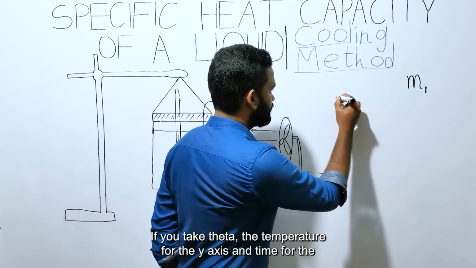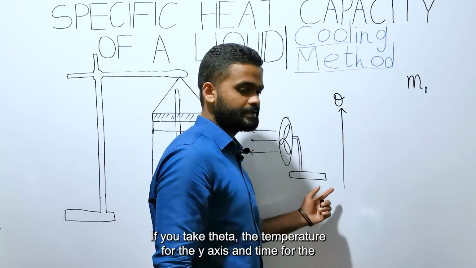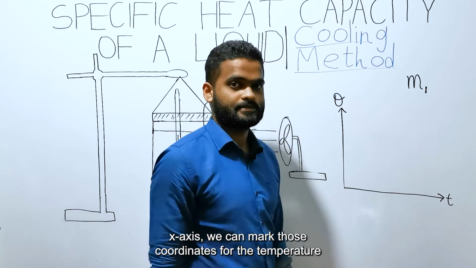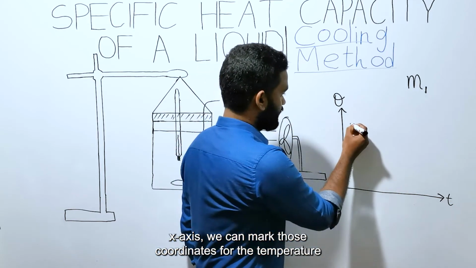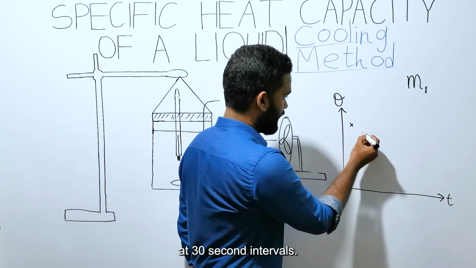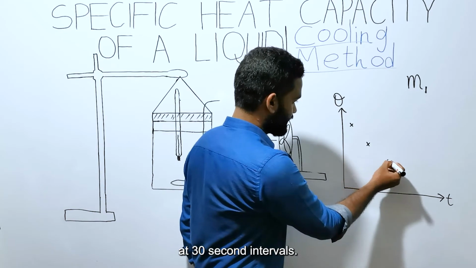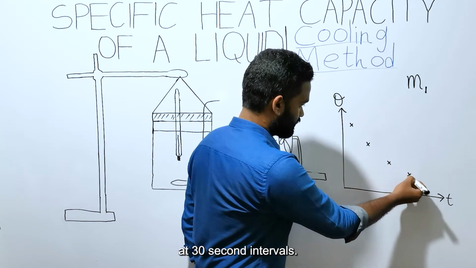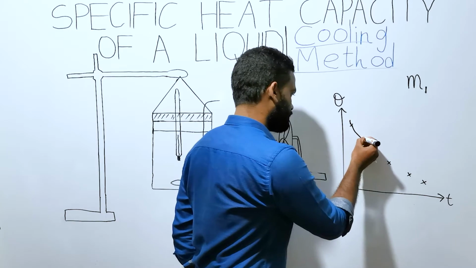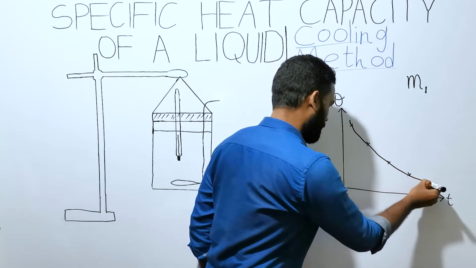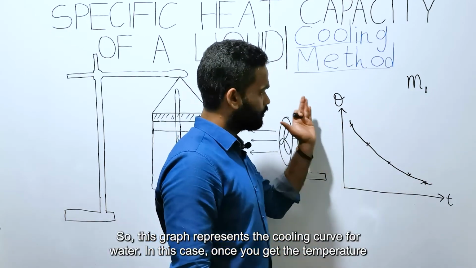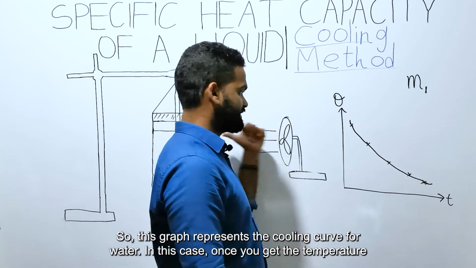If we take theta, the temperature for the y-axis, and time for the x-axis, we can mark those coordinates for the temperature at 30-second intervals. Then we can draw this curve. So this curve represents the cooling curve for water in this case.